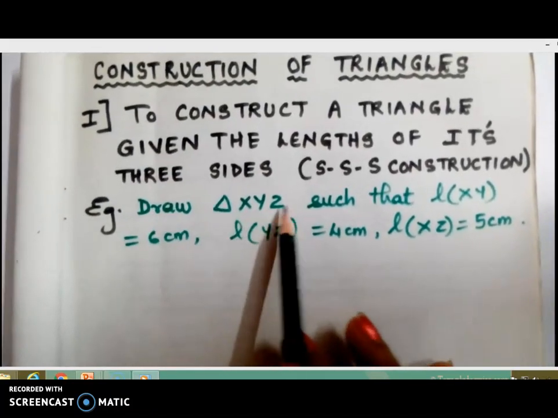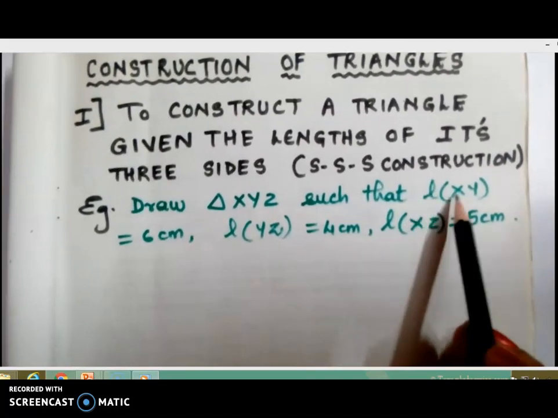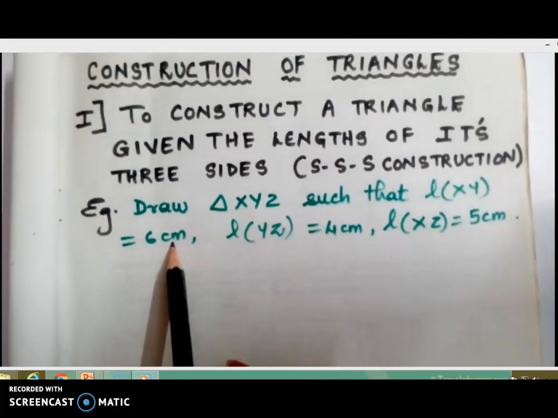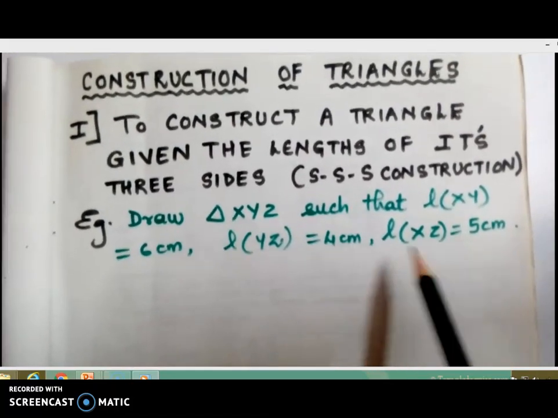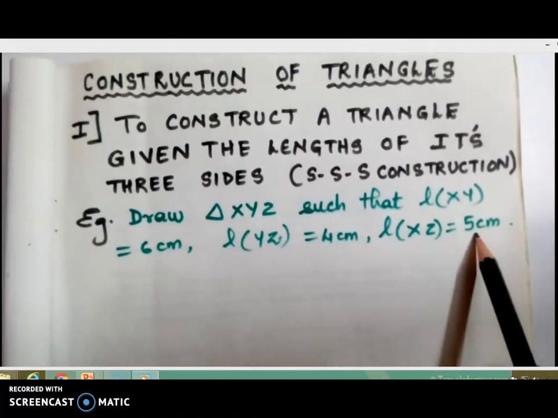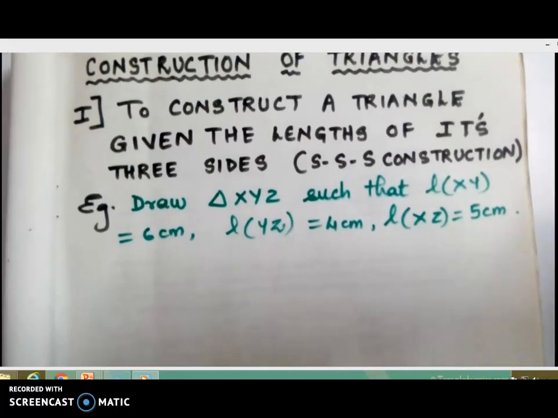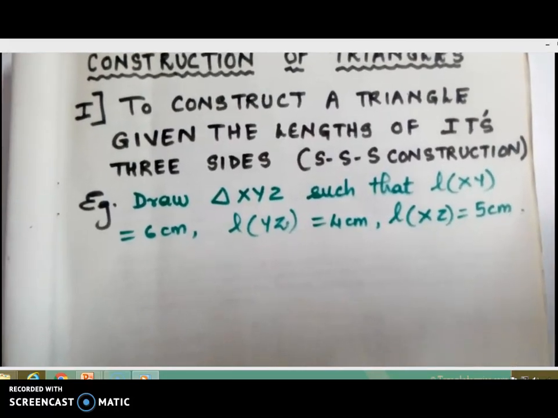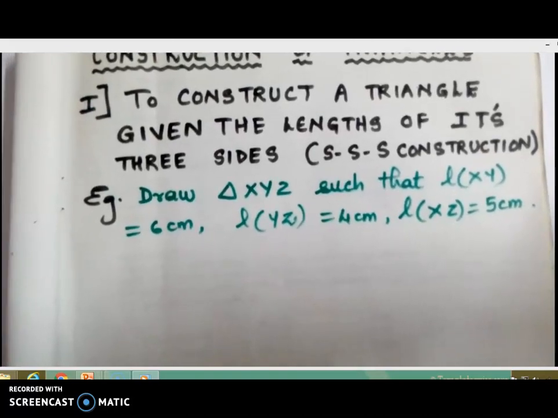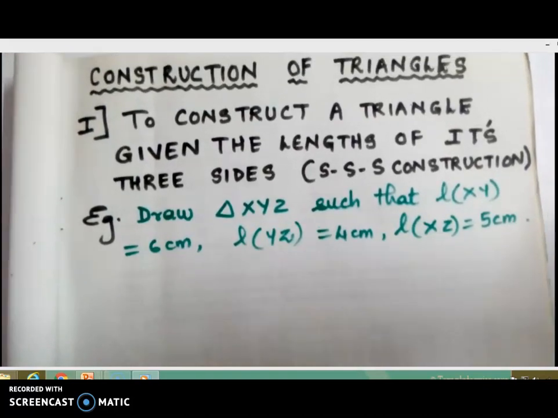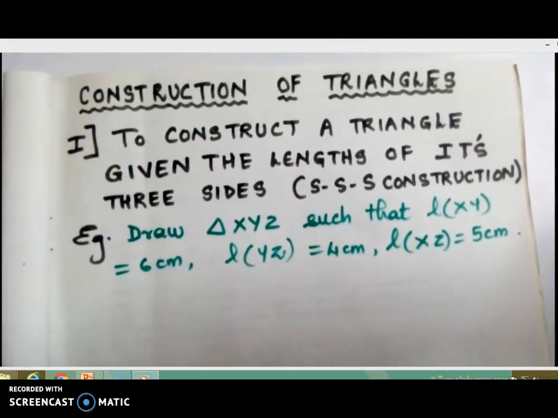Draw triangle XYZ such that length XY equal to 6 cm, length YZ equal to 4 cm, and length XZ equal to 5 cm. Now, before beginning any construction, we have to draw a rough figure which will give us an idea of how to perform the construction exactly.